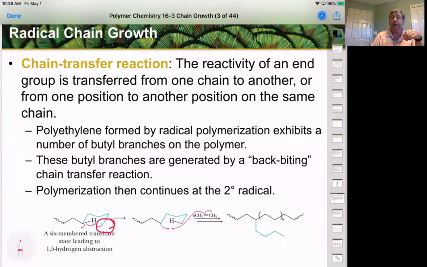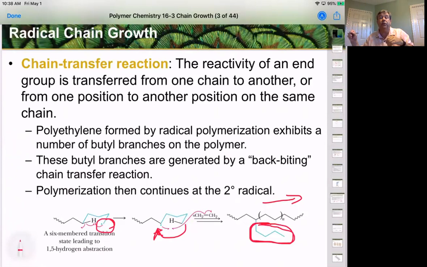It's a primary radical, and it's trying to form that more stable secondary radical. So it's going to come back with a single electron and generate that secondary radical. When it generates that secondary radical, we now have this little four-membered branch on the side, and then it continues to grow from that side that created the secondary radical. And so we have these little teeny 4 carbon branch points intermittently down the chain.